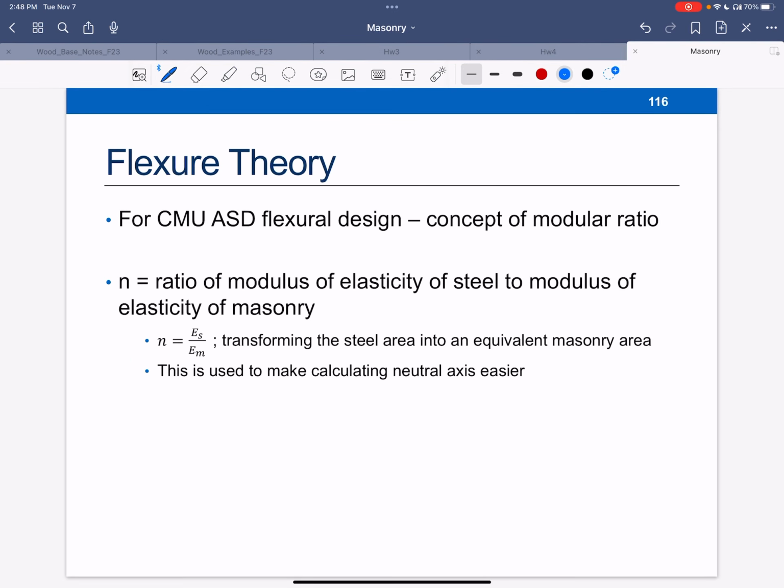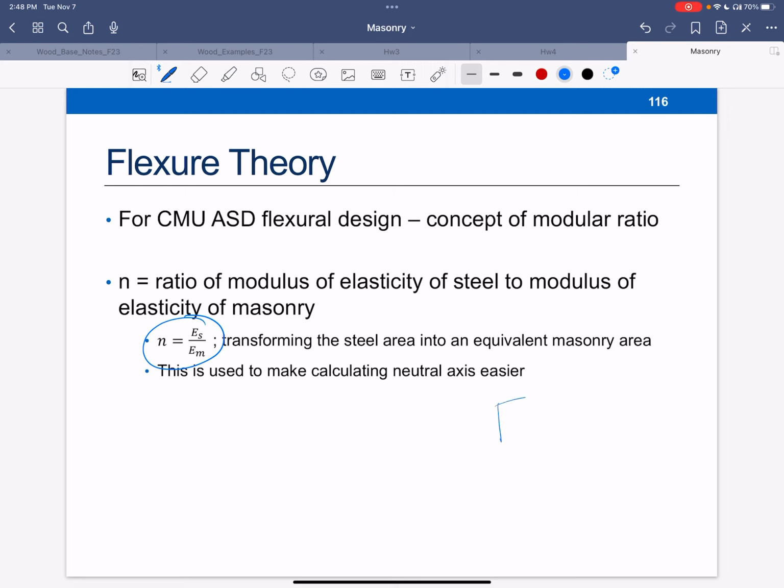We do want to look at modular ratio, which you've talked about back in the mechanics class, and we've talked about from time to time in other classes. And so in our case, N is going to be defined as the modulus of the steel to the modulus of masonry. Okay, so the bigger on top, so it's a number greater than 1. So I transform the steel into equivalent masonry.